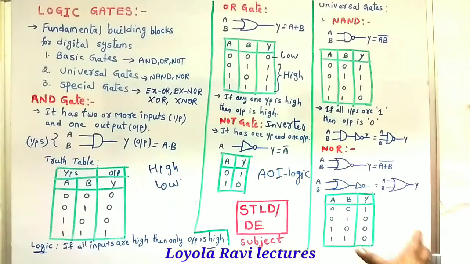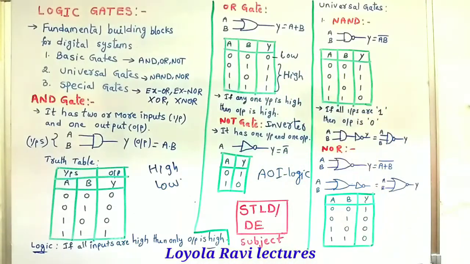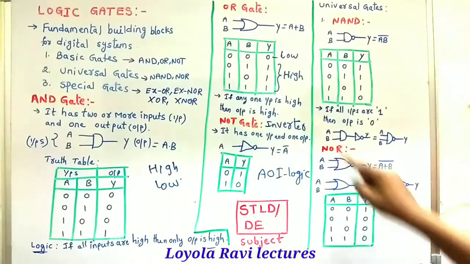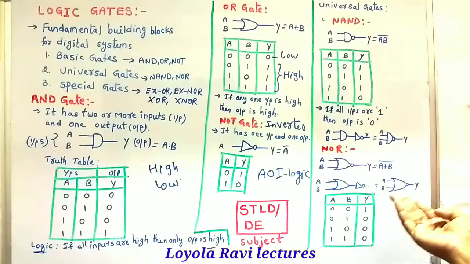Okay, if you observe the OR gate, the output is 0, 1, 1, 1. See here, 0 reversed is 1 and 1 reversed is 0. Here if all inputs are 0, then only output is high. That is the high logic. Don't write the logic as if both inputs are 0 or both inputs are 1.